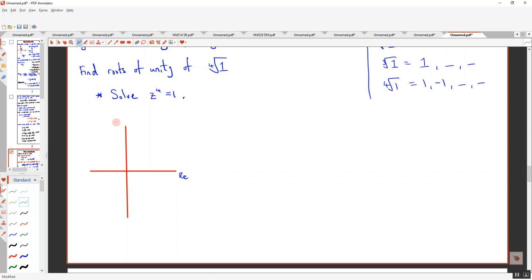It's just all real, so it's going to lie over here. So what's r? 1. And what's the angle? 0. Right, so we can write 1 is equal to 1 times cos of 0 plus i sine of 0.